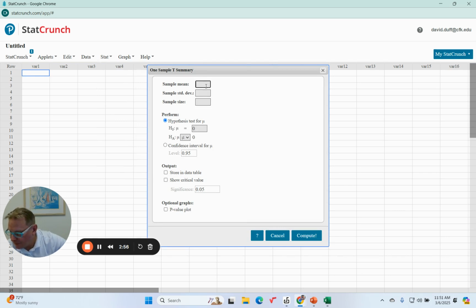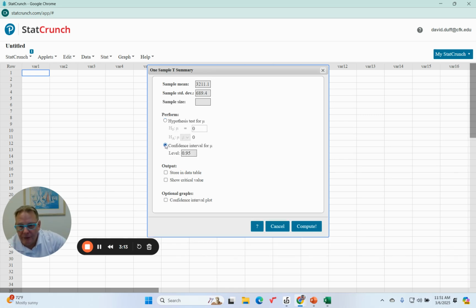We'll enter the sample mean, which was 3211.1. We'll enter the sample standard deviation, which is 689.4. We're going to click on the confidence interval, and this is a 95% confidence level. The sample size is 36, and then we hit compute.